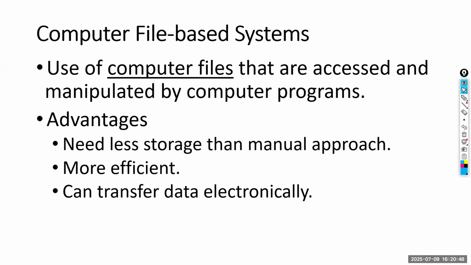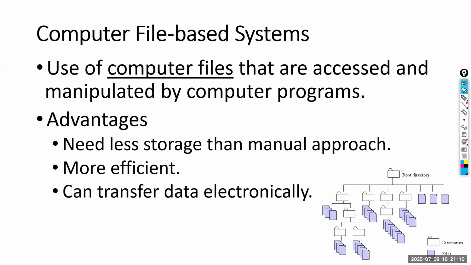So then came the computer file-based systems. When the computer was invented and electronic computers became more and more general purpose, around the 1970s and 80s, people started using computer files. That means we save our data in computer files, and programs refer to these files.